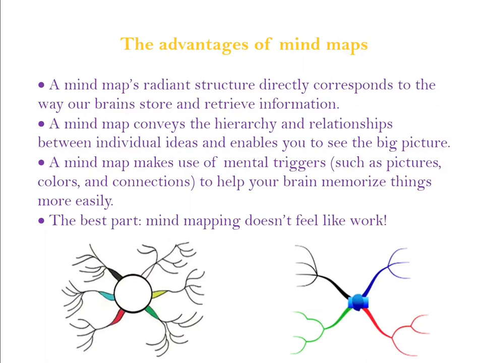A mind map makes use of mental triggers such as pictures, colors, and connections to help your brain memorize things more easily. So if you have a big paragraph in front of you, you can make it into a mind map using only keywords, images, and colors. And this helps to remember that piece of information in a better way.